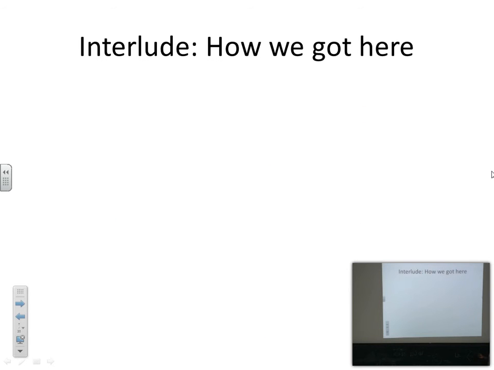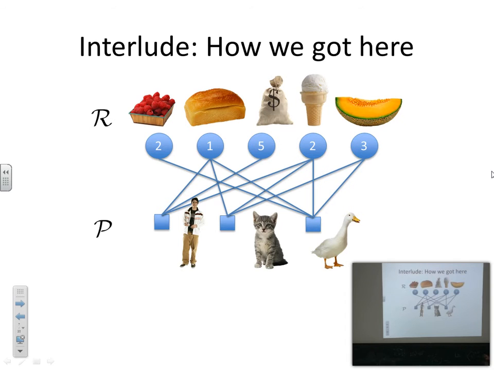So, okay. I thought I would include a slide on how exactly we arrived at this problem. We were studying a class of allocation problems, and in particular this problem where you have a bunch of resources and a bunch of players, and the goal is to partition the resources among the players so that the value received by any player is as large as possible.